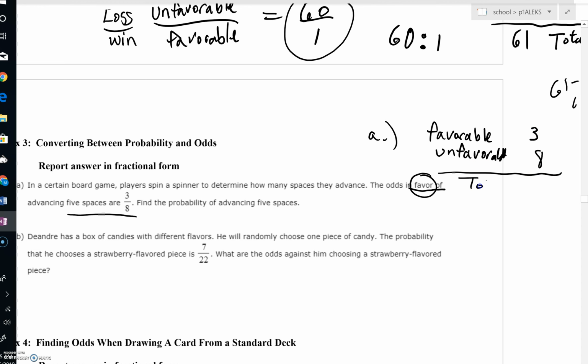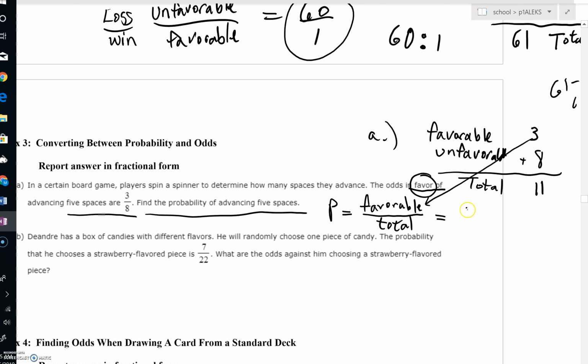We also want to find the total. So 3 plus 8 would be 11. So when you're saying find the probability of advancing 5 spaces, you want that to happen. You want to advance 5 spaces. But of course, probability always has the total down below. So what number was linked to favorable? Well, that'd be the 3. The total would be 11.